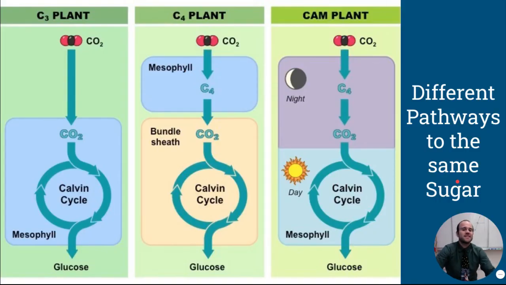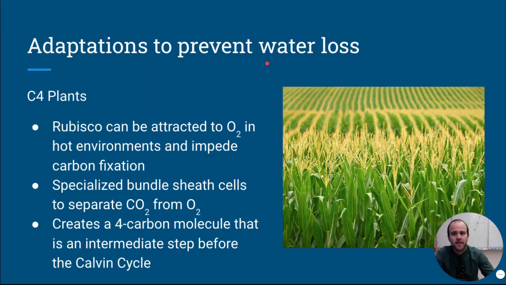So I mentioned earlier there's different strategies because Rubisco can bind to oxygen as well, and that can speed up photorespiration, and plants can lose a lot of water that way because their stomata are open. So there's 3 types of plants we'll be talking about: C3 plants, just normal photosynthesis; C4 plants; and CAM plants. C4 plants, things like corn and sugarcane, live in really hot temperatures.